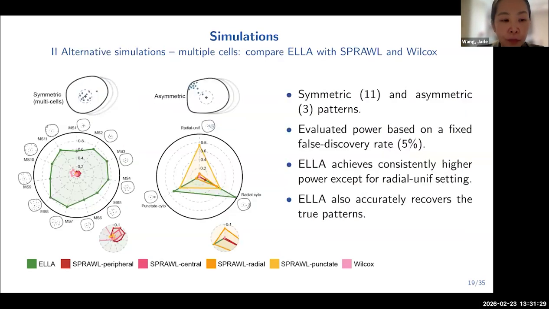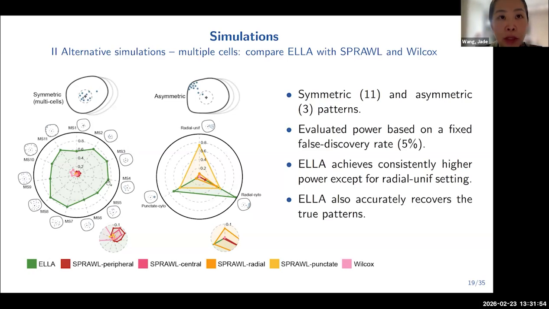Here we did an alternative simulation using multiple cells, because in the real data analysis we want to apply the method to multiple cells to boost the power. We can see Ella achieved high power in the so-called symmetric patterns, because we generated patterns enriched in the nucleus or enriched in the membrane.